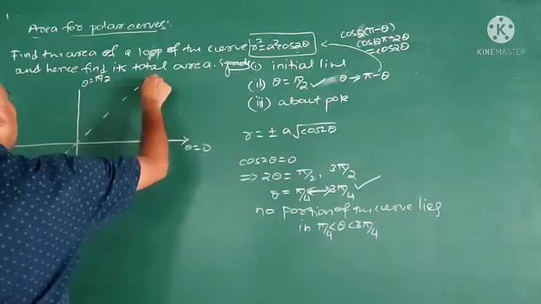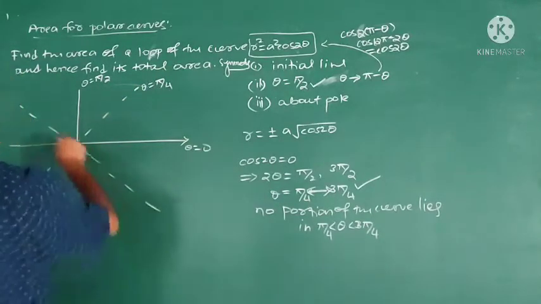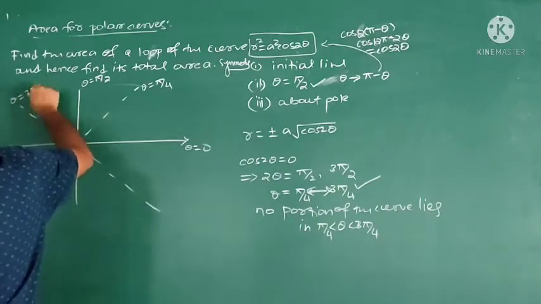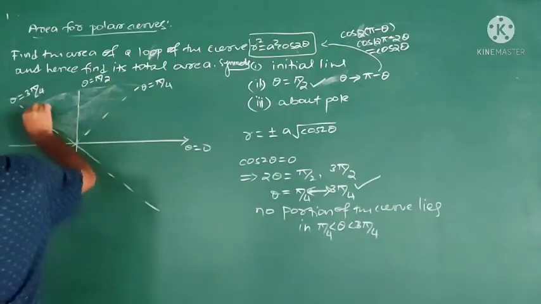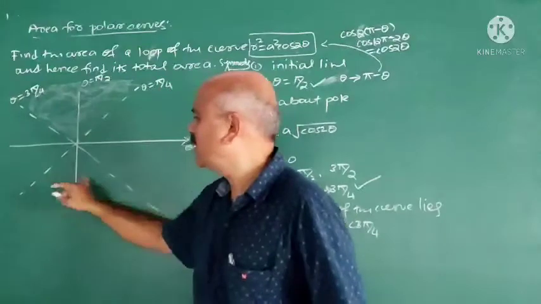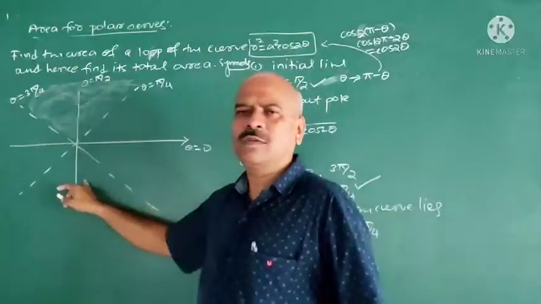This is the line theta is pi by 4, and this is the line theta is 3 pi by 4, and in this region the curve doesn't exist. Therefore it doesn't lie here also, because by symmetry it doesn't lie here also.